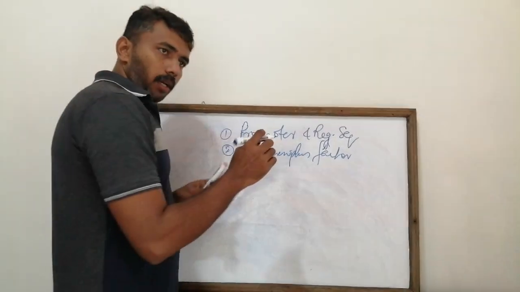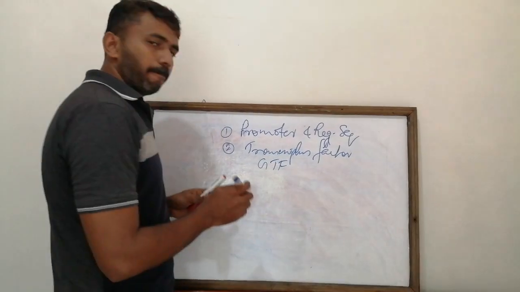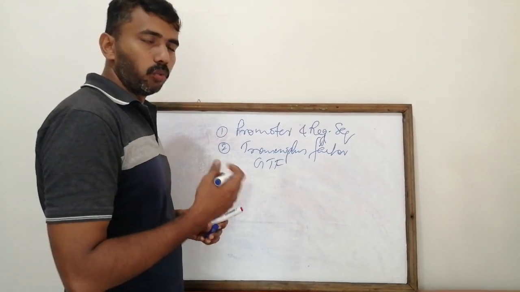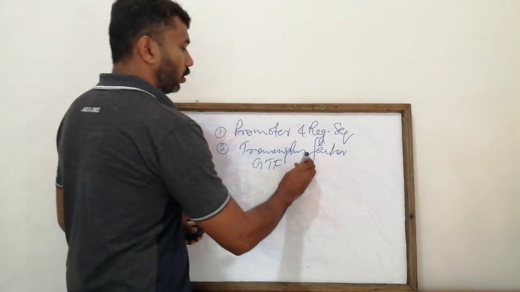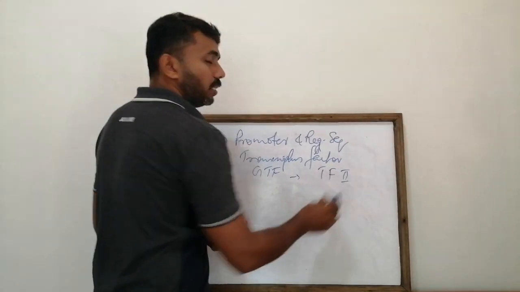These are usually what we call the general transcription factors. As we are discussing the mechanism in RNA polymerase II for the synthesis of mRNA, we will call them the transcription factor 2 in general.